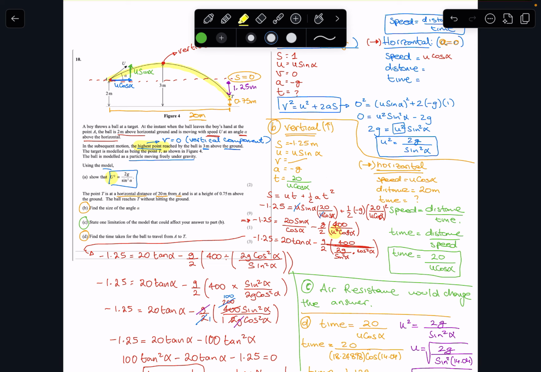Where students lose marks is they make silly mistakes, and that overall makes the question difficult, because it's a snowball effect. You get one part wrong, then the next part will be wrong. So it's very important that you do everything one step at a time, you're not rushing through this process, and you're breaking the question down as much as you can for each part. That can help you answer the question in a timely manner, without making silly mistakes.